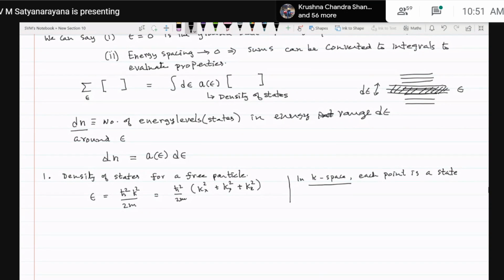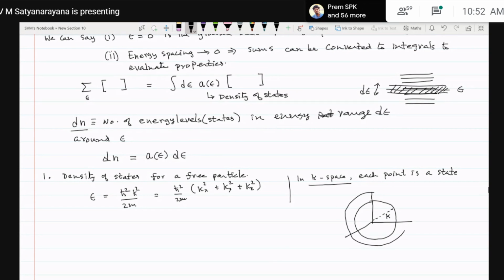Since the energy depends only on the magnitude of k, it is easy to ask this question: in k space, let's say you have a sphere of radius k, and then another sphere of radius k plus dk.